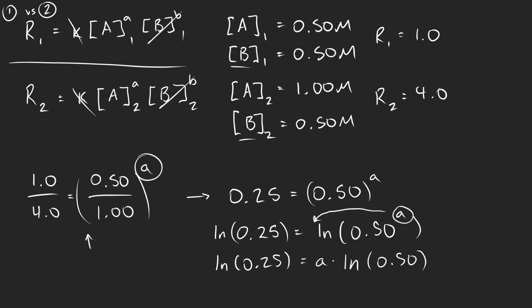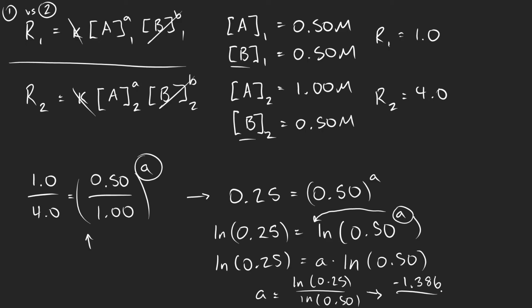So we have ln of 0.25 is equal to A times the ln of 0.50. Now it's pretty easy to solve for A. We just divide both sides by the natural log of 0.50. So we have natural log of 0.25 divided by natural log of 0.50. If we plug that into a calculator, the ln of 0.25 is equal to negative 1.386.